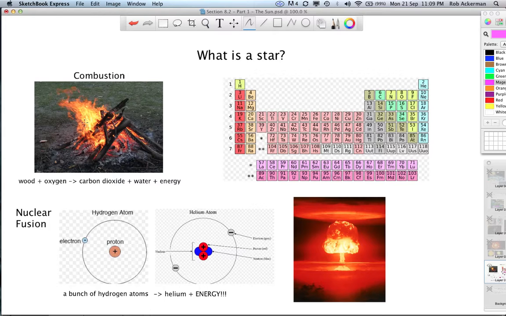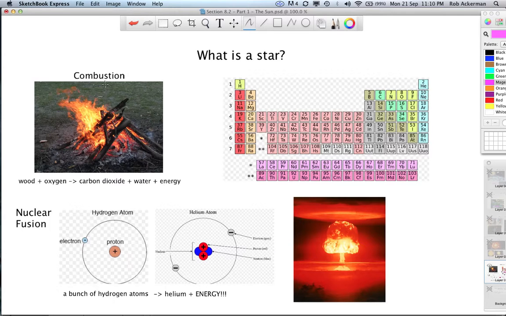And the answer is that if the sun were made of coal or wood, it could only burn at its present rate for a few thousand years before it would burn out. But we know that the Earth and the sun are billions of years old, so scientists soon realized that no, it can't be made of wood or coal, and it can't be combustion, a chemical reaction that's creating all that energy. So what is it?